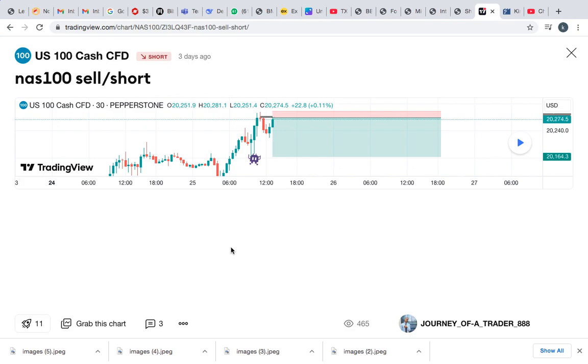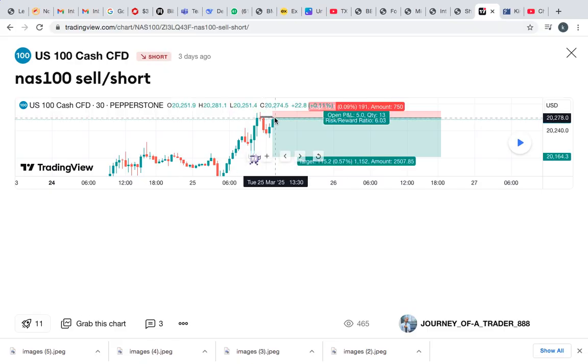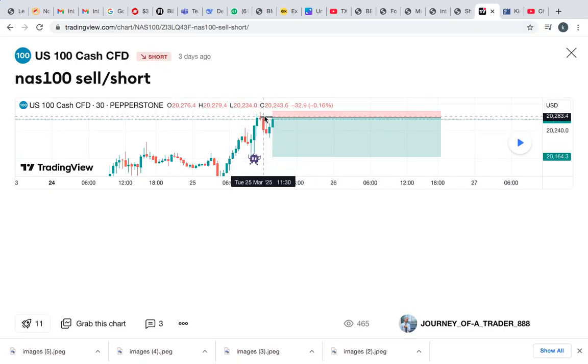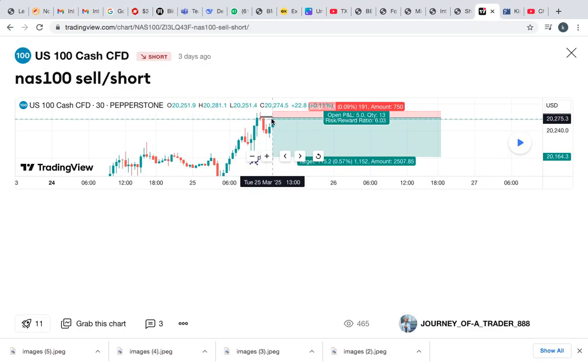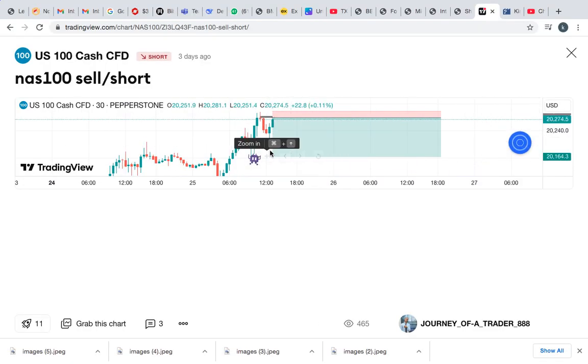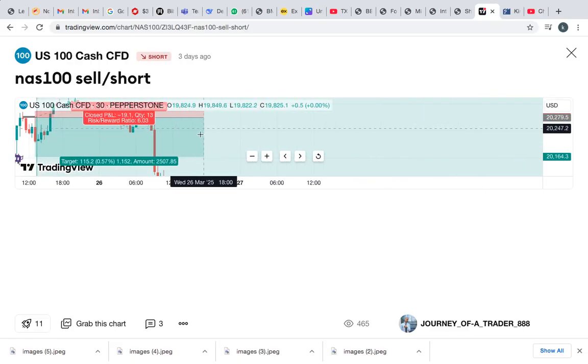So Nasdaq, as you guys can see here, there's this block or marking here. I drew this on a 1 minute, but you guys can see my signals are always posted on 30 minutes. So this trade, I spotted the fair value gap right there, and look what that fair value gap did to that market in a short period of time.